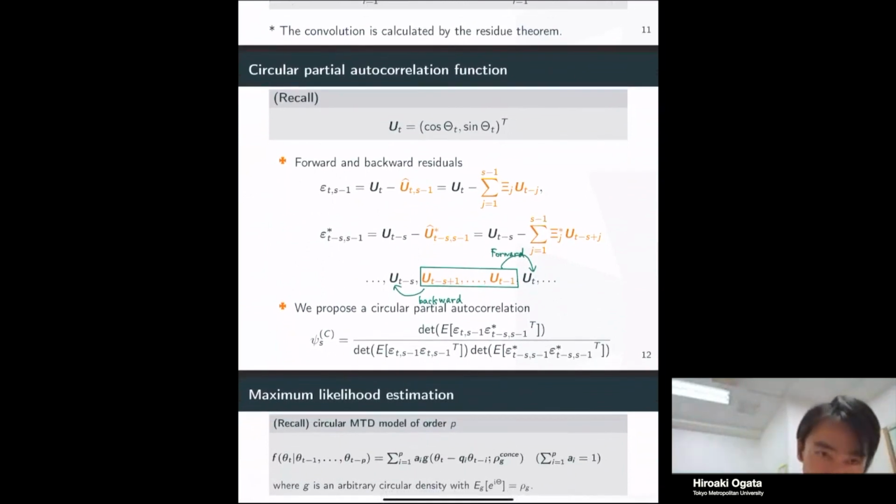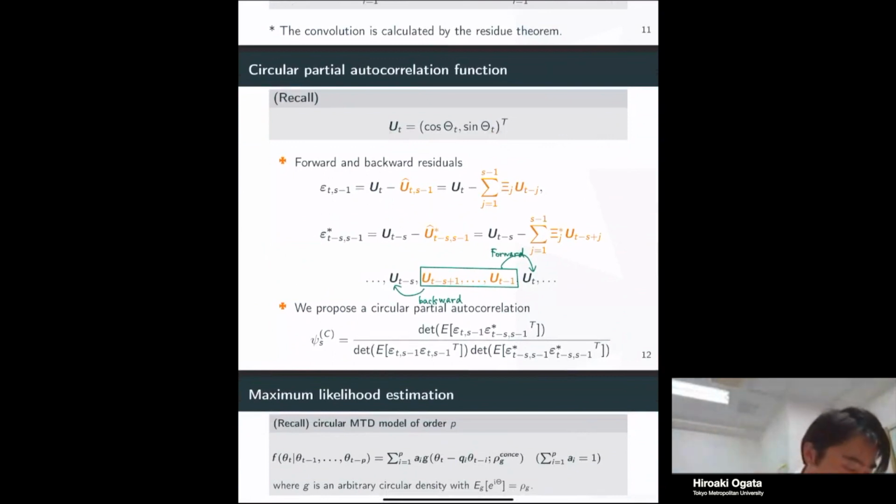Okay, so this is the circular spectral density, and the final topic is the circular partial autocorrelation function. Again, we consider the cosine-sine process U_t.